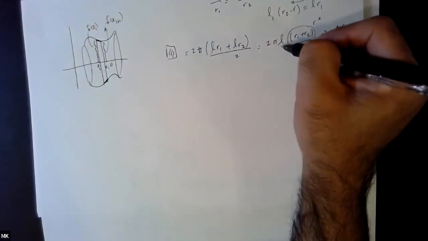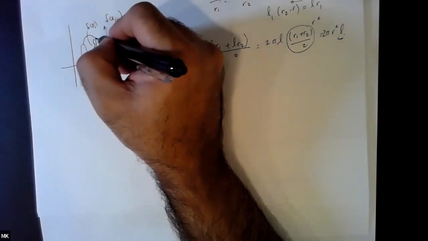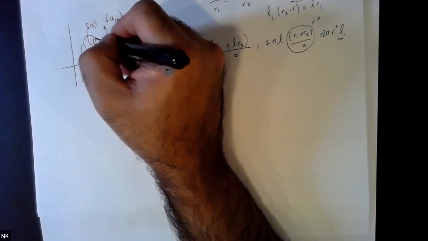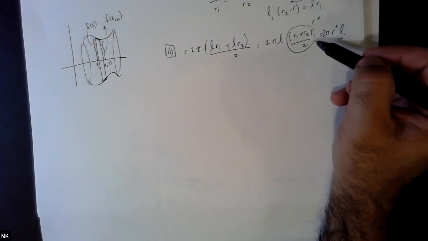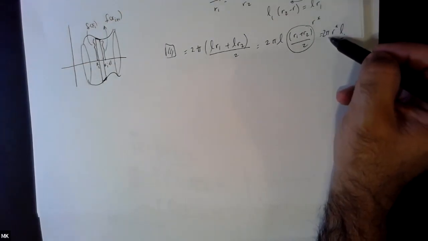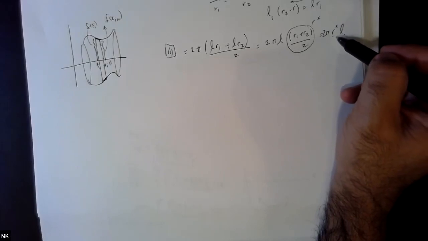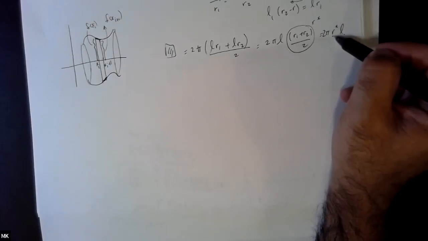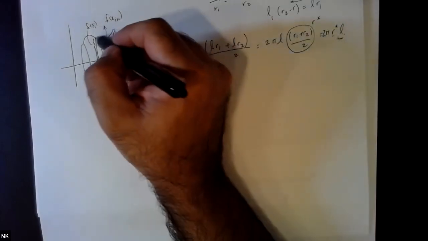L in this picture is going to be the arc length. Arc length plays a role, the same formula that we used in the last lecture. So I know my L, which gives me my R1 and R2, the two radii. I'm going to use the average of them, that would be my Ri star. And I have 2 pi, times the average of the two radii, times L, which is going to be the arc length.